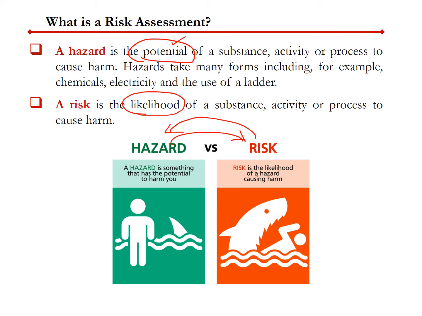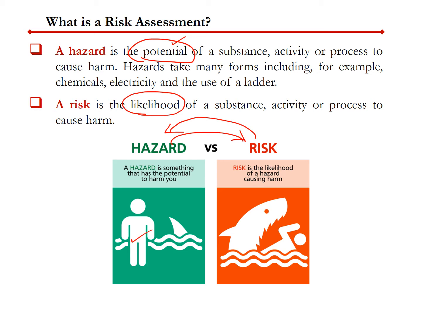We can see this in this illustration, and we could have a deeper understanding. Here we have this guy standing around the ocean, let's say at the seashore, standing there at the banks of the ocean, and there's a shark in the ocean. This is the potential harm. The shark in the ocean is a potential harm to this guy. If the guy moves into the water, then there's actually a likelihood. There's a connection now.